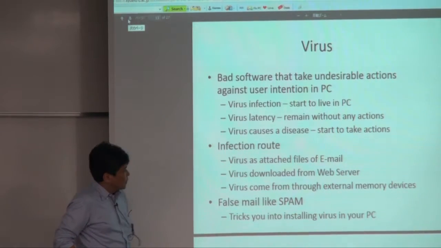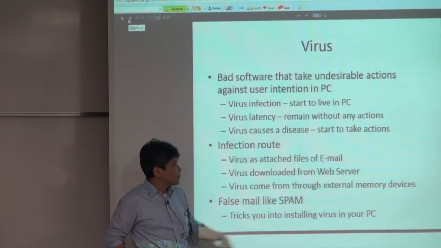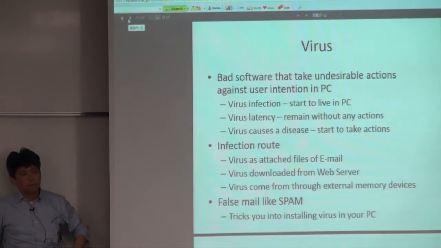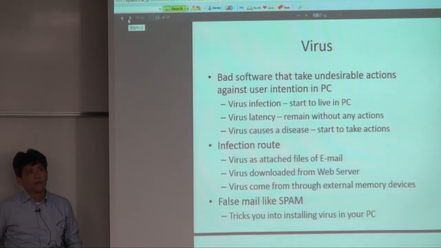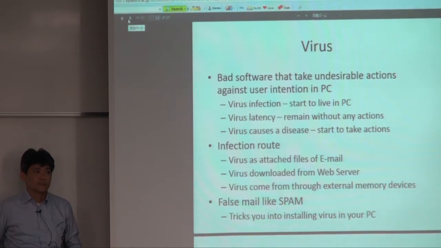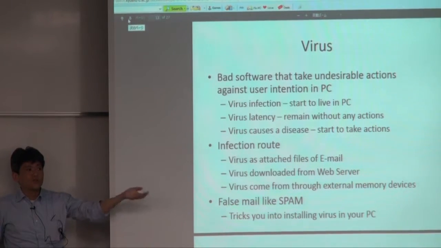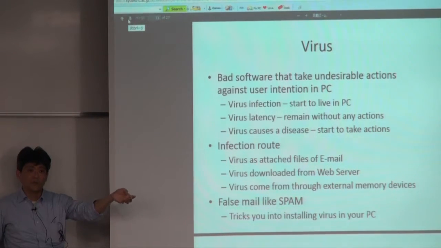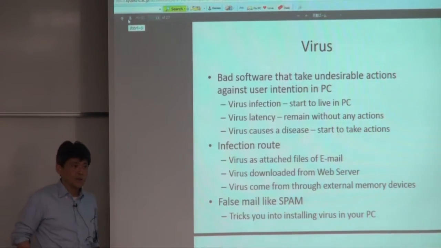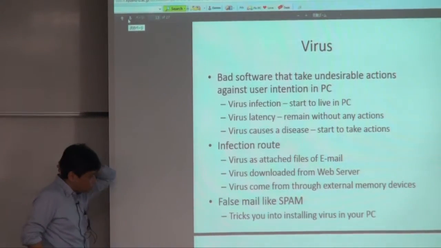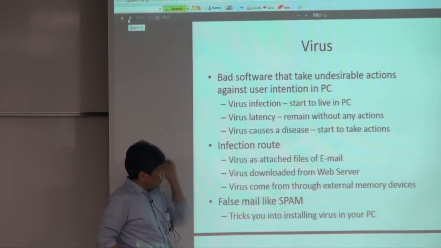Okay, and when accessing web servers, some bad person provides imitation web pages, because such a bad person wants to induce users to download the virus software located on the imitation web pages. Okay. So this is also important.